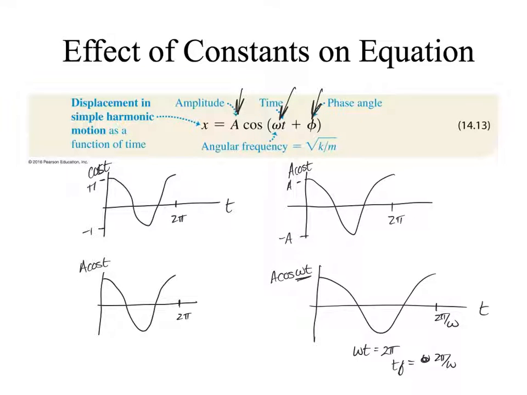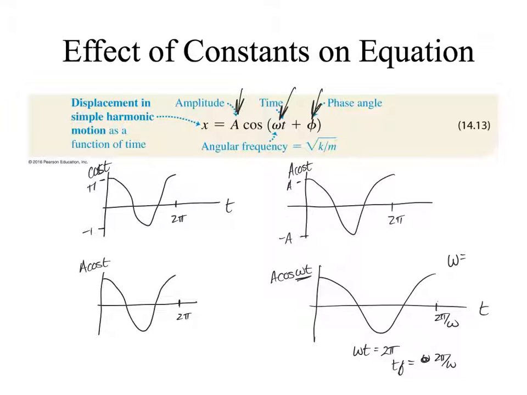So what has happened is the oscillation is happening more quickly. So for instance, if omega was 2, this actually would be at t equals pi. It would go through a complete oscillation in half the amount of time that it normally would do. And so what omega does is it really controls how quickly the oscillations happen.